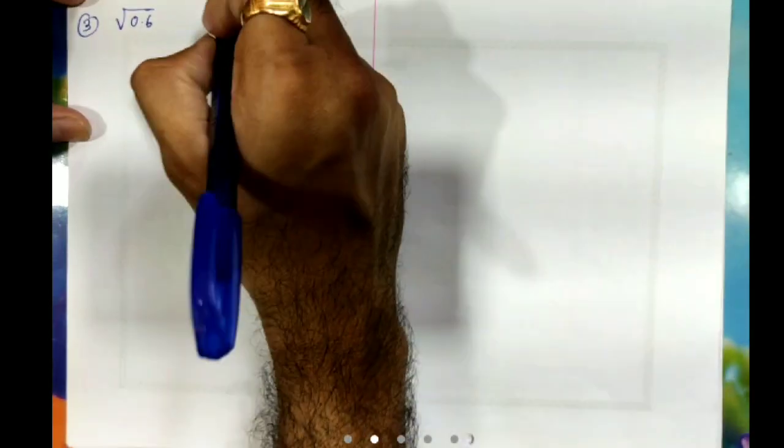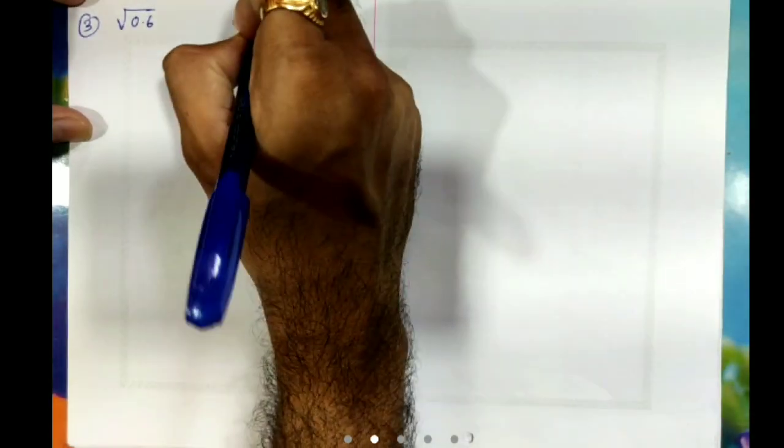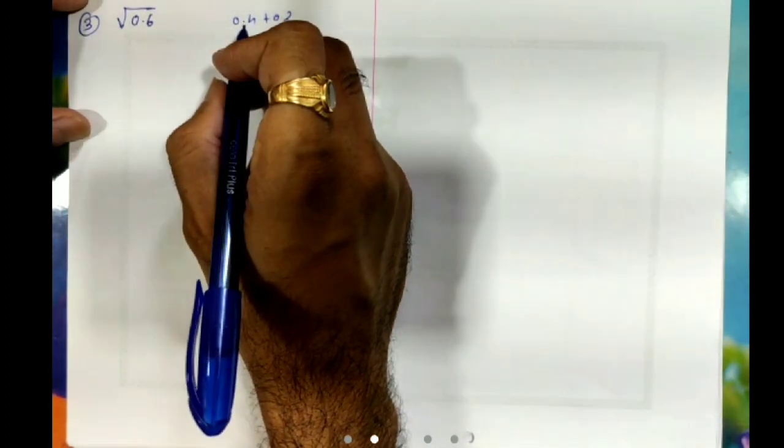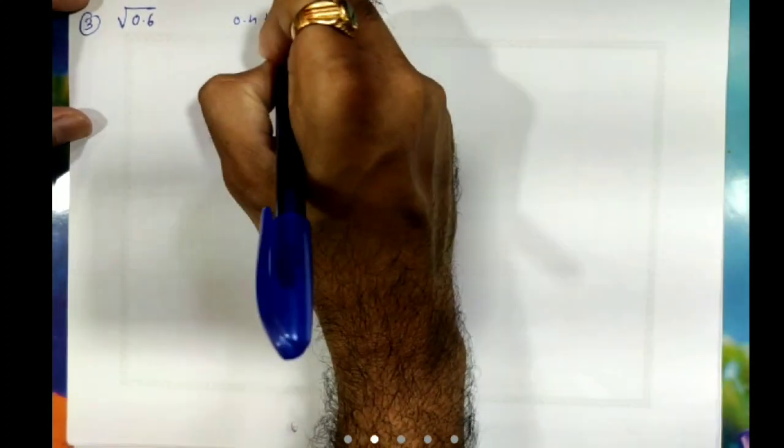Most of the students will do it like this: 0.4 plus 0.2, taking perfect square as 0.4. But the square root of 0.4 is not 0.2. So this is wrong. Clear?